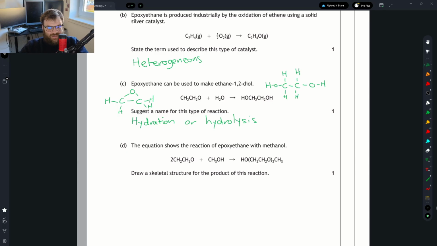So if we're splitting apart a substance to make a new substance, hydrolysis to me feels a bit better for that one. But yeah, probably what I would go for there.